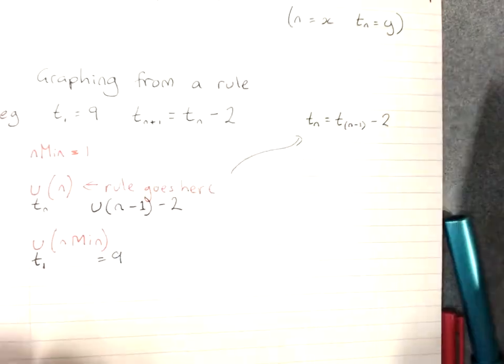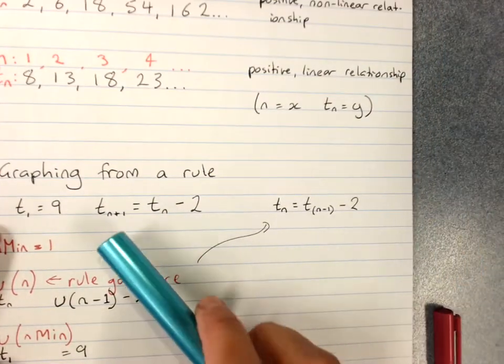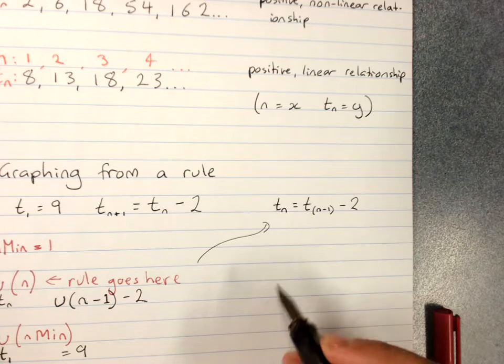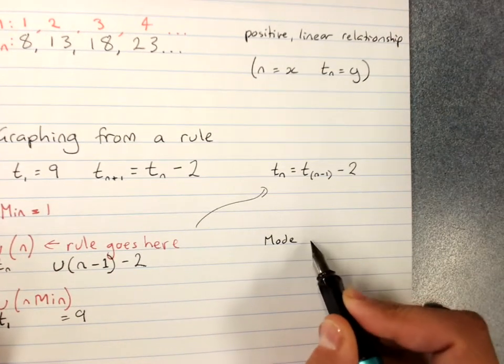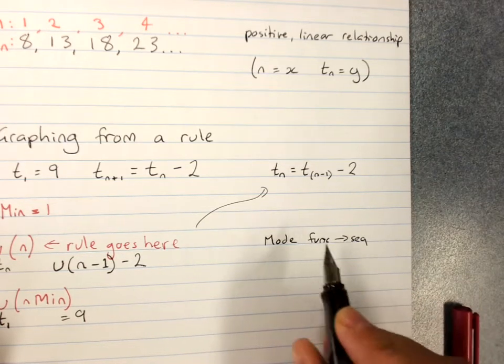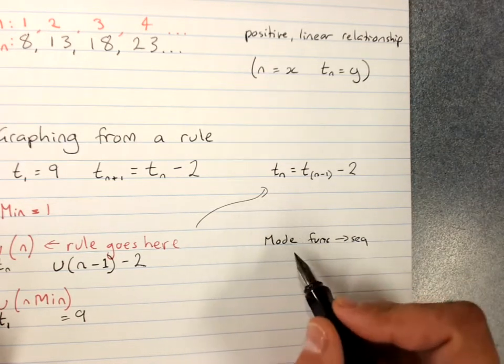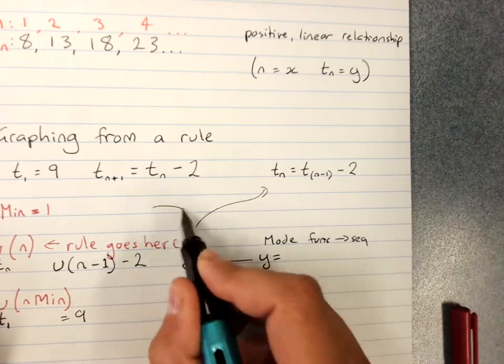So it is a little bit tricky. My steps are: mode, you go from function to sequences. In your y equals, you put all this.